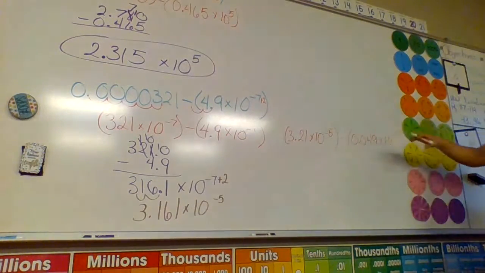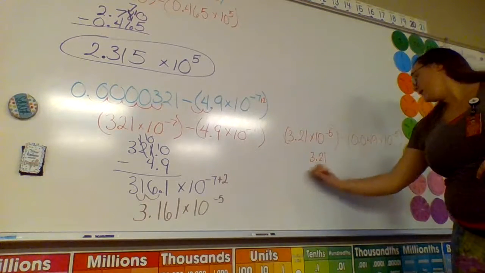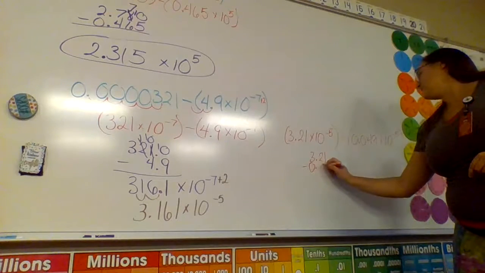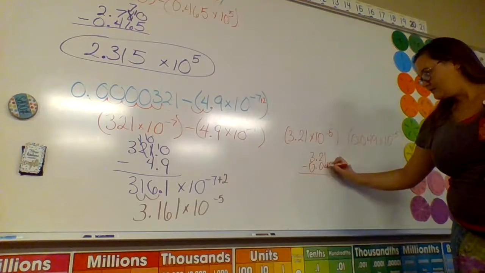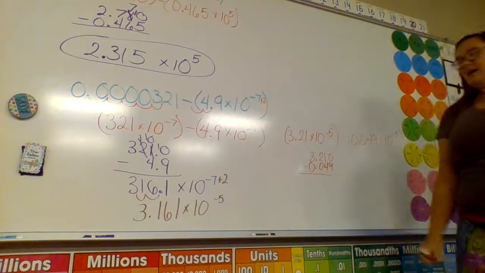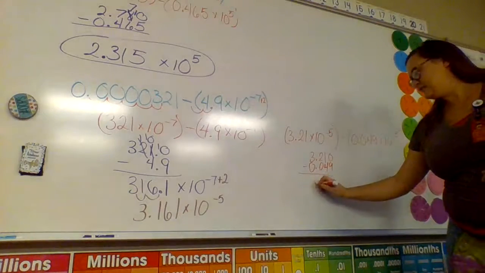Okay? It's going to go through the same process. I just found myself a different exponent. It still works. Because now you have 3.21 minus 0.049, right? The 4 is under the 1. It's going to subtract the same way. The difference is the decimal's over here.